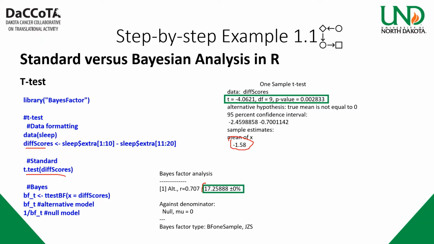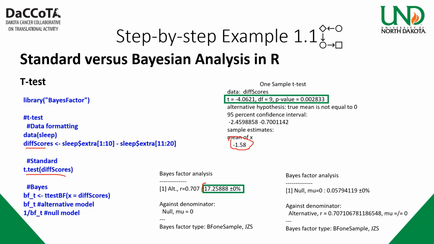So this gives pretty strong evidence that the alternative model, that the mean difference of scores is different from 0, is correct. And if we flip this around and take the inverse, this is the null model compared to the alternative, and we can see that it is very small, which gives support to the alternative model. So both gave us strong support that the difference in scores is not 0.